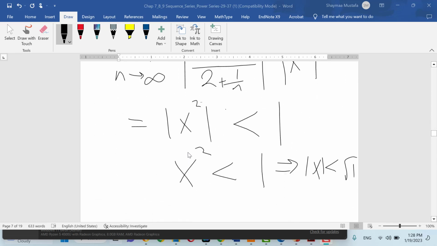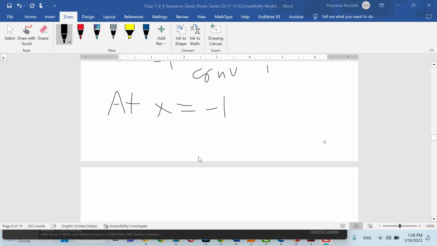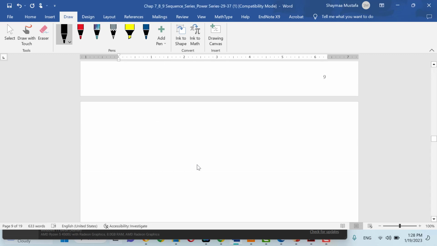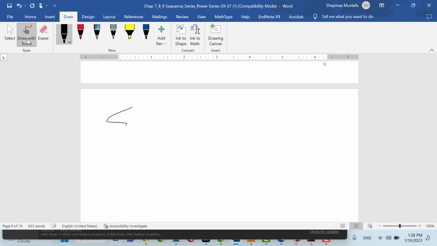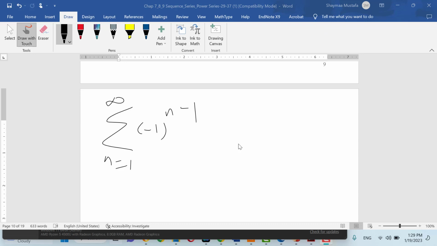So we have summation when n from 1 until infinity, minus 1 to the power of something, and x will be replaced also by minus 1. Why? Because we test the series at x equal to minus 1. So 2n minus 1 over 2n minus 1.